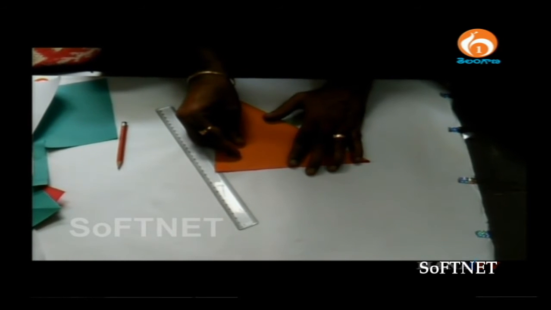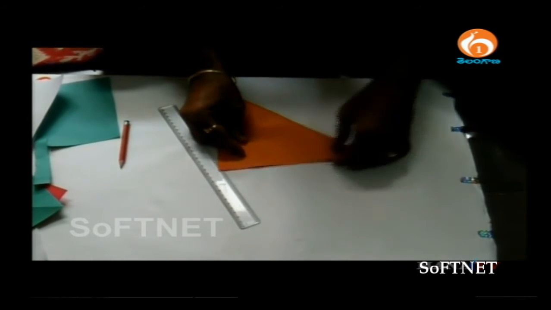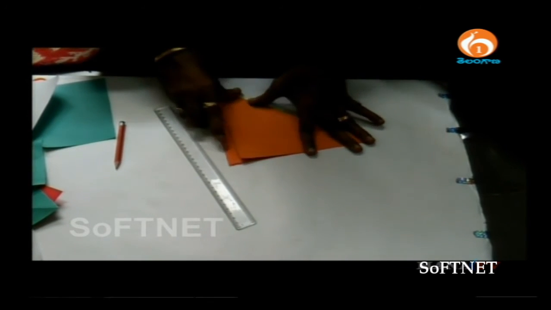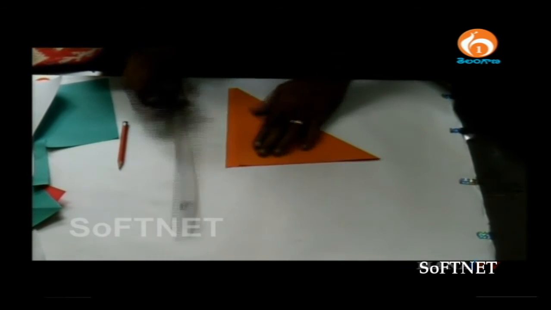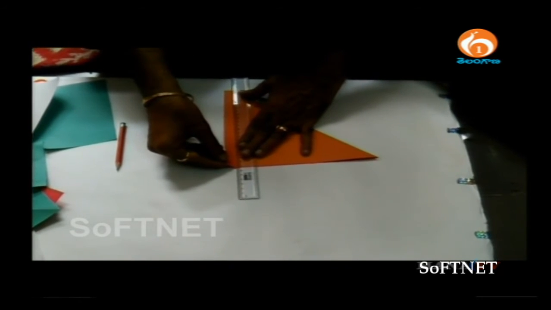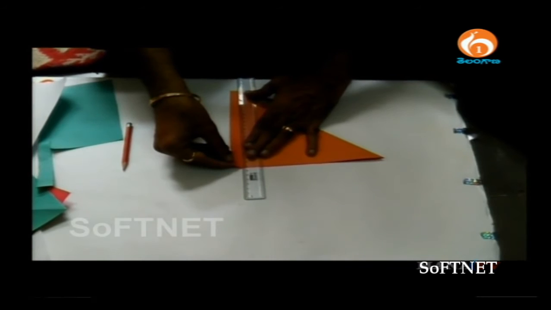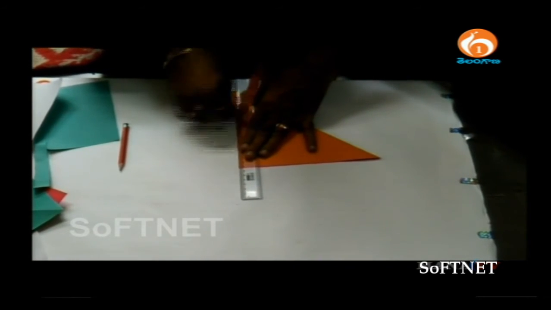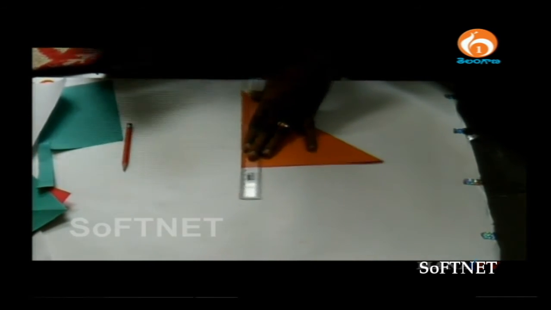After preparing this square, we cut it exactly in the middle so that we get the two rectangles, because the breadths of the two rectangles are 10 and 10, so together they make 20 centimeter. So we are preparing two rectangles from this square.